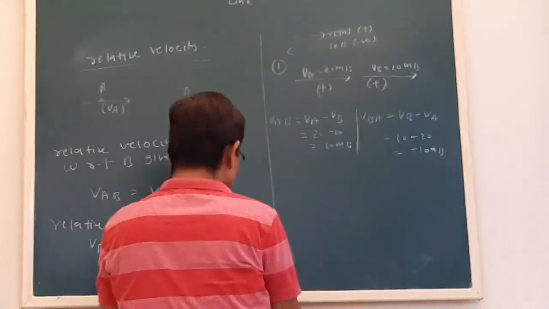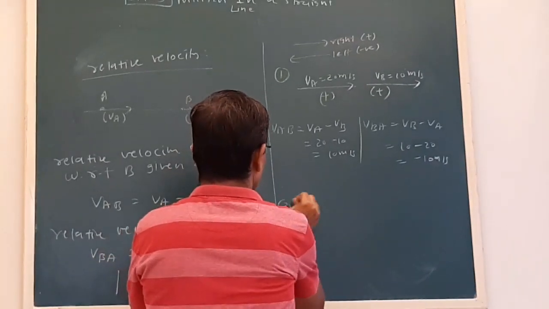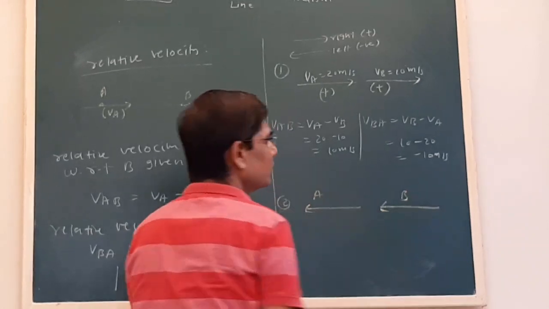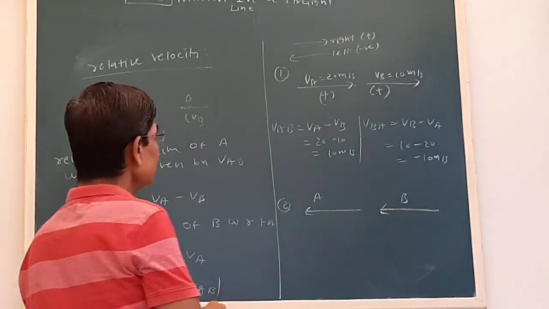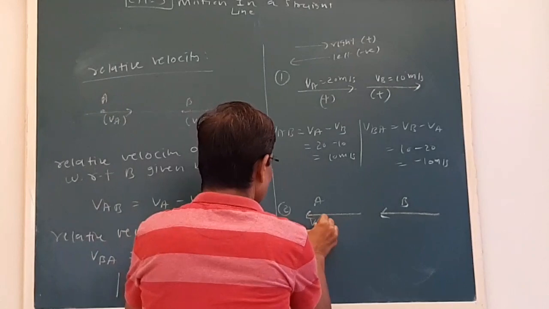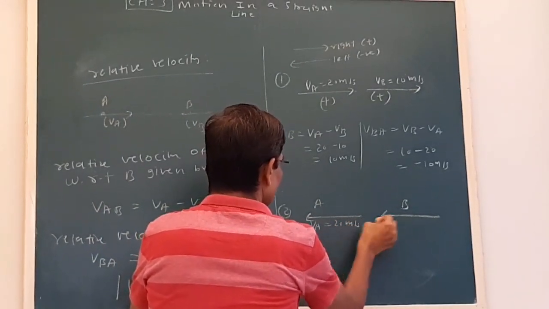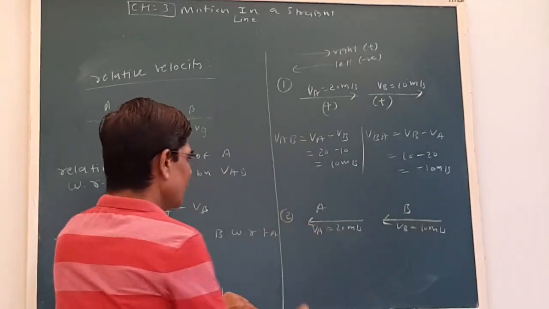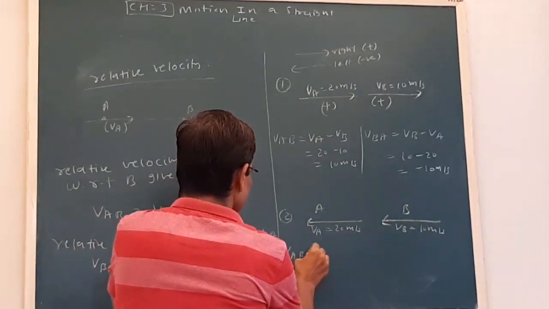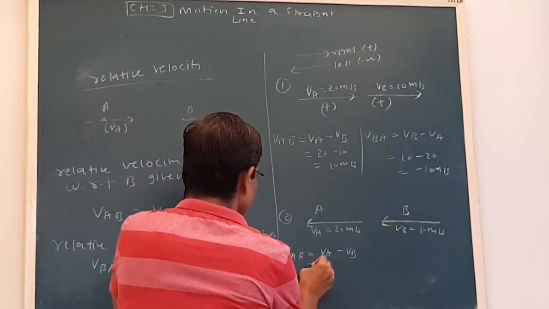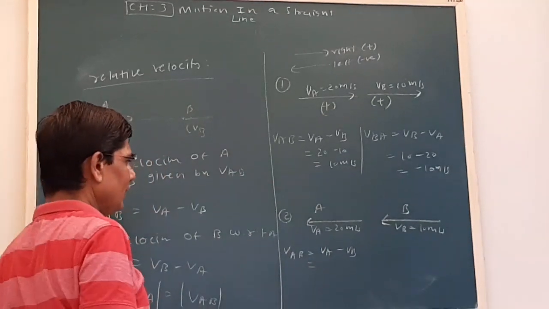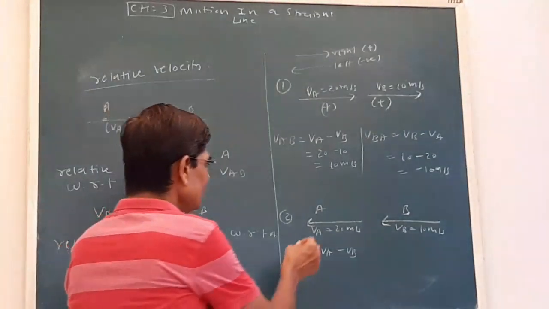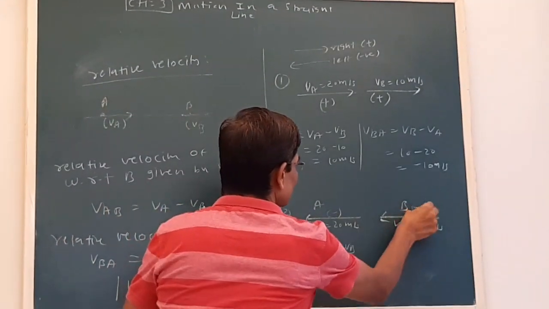Now see the second case. Both move to the left-hand side. Let us say VA is again 20 meters per second and VB is 10 meters per second. Now VAB will be VA minus VB. By convention, velocity to the left-hand side we consider negative. This will be negative and this also will be negative.